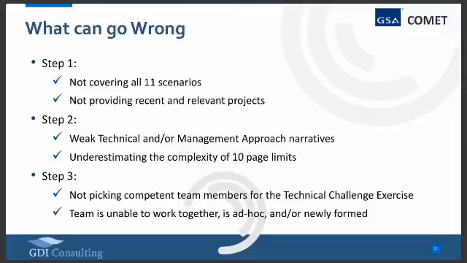So this is something that you really need to make sure you cover, 11 scenarios. And of course, those projects need to be recent, so that 3-year completion, or if it's ongoing, 2-year performance, and relevant, which means 5 million and also covering the 11. So those are the things that you need to really make sure are correct in step 1.